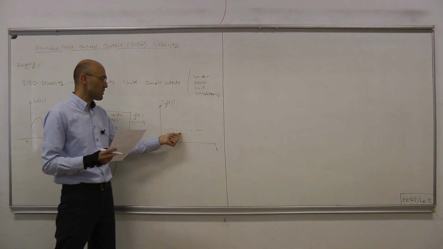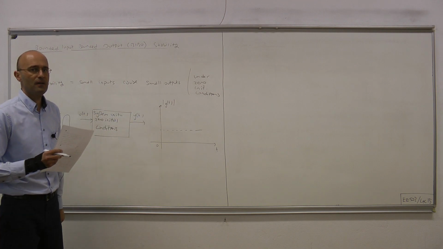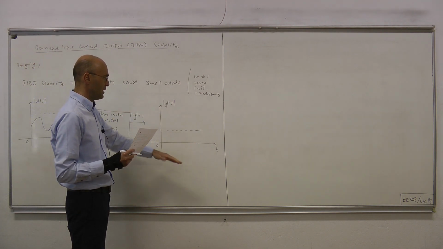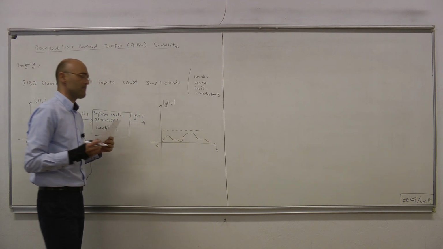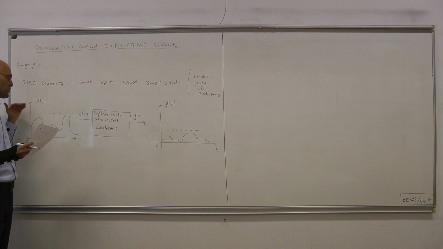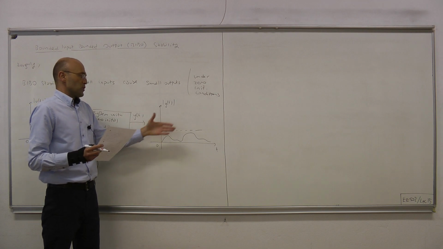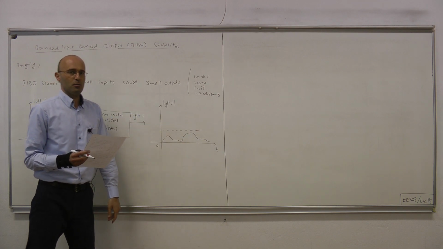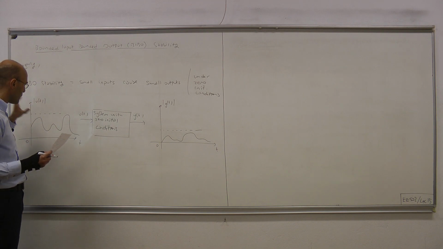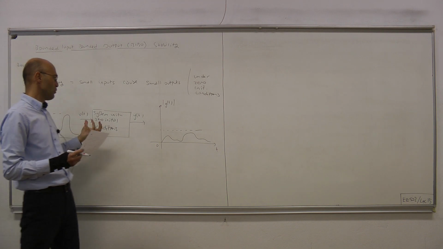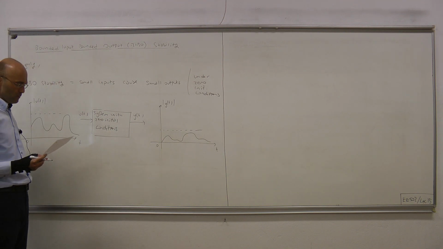That is, you can find some constant such that for all future times the magnitude of the output lies below that border. Okay, and then you change your input, but still it's bounded, and then you go and check the output. What you expect is still a bounded output. Okay, and if that's the case, no matter what waveform you apply at the input, then your system is said to be bounded input, bounded output stable.